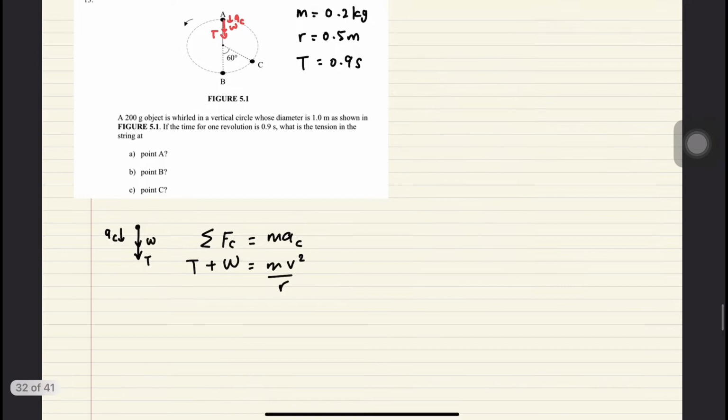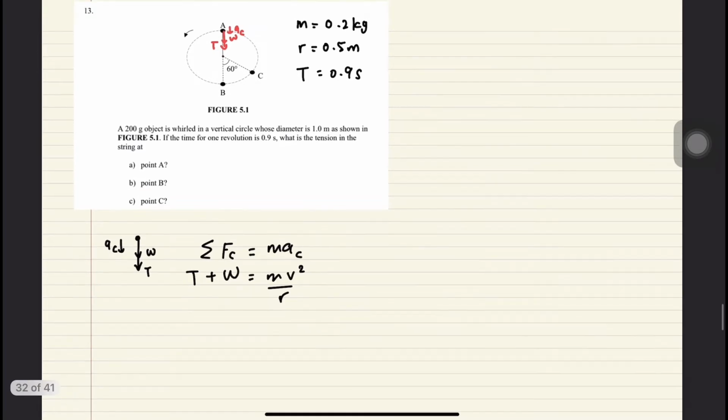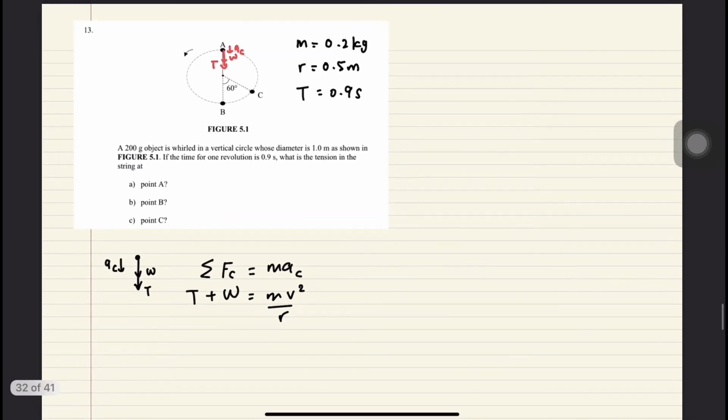So you don't have the values for V, but you do have values for omega. Sorry, you have values for T so that you can find the omega. Omega is simply 2 pi over T. So your omega should be equal to 2 pi divided by 0.9, 6.98 radian per second.